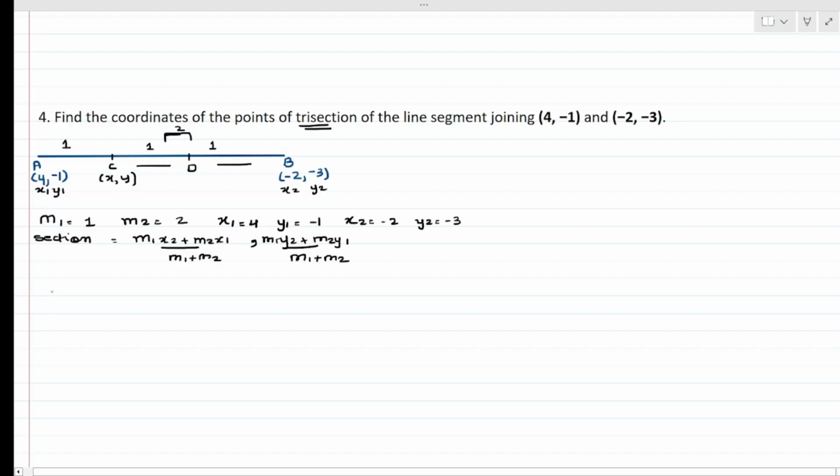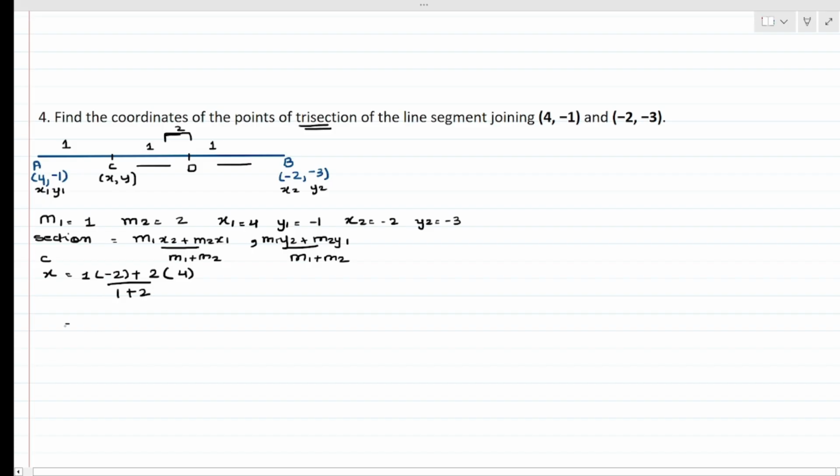Okay. So the value of X will be equal to, what is my M1? For X, the coordinate of C, we are finding the coordinate of C. Value of X will be, what is my M1? My M1 is 1. Multiply by, what is my X2? My X2 is minus 2. Plus, what is my M2? It's 2. Multiply by 4 upon 1 plus 2.